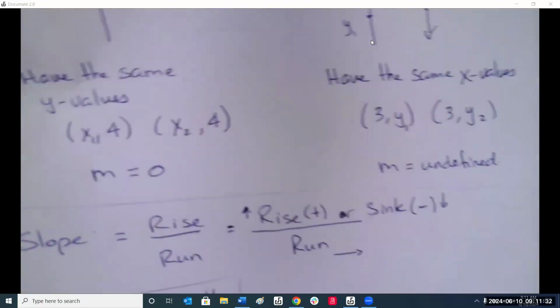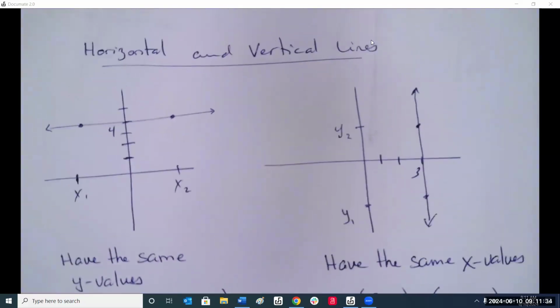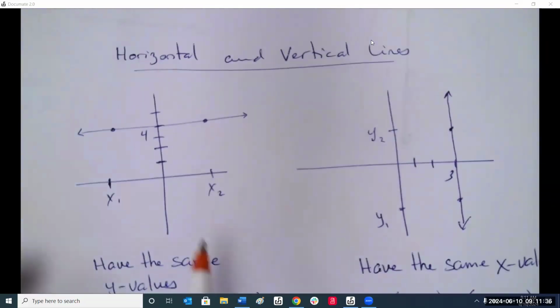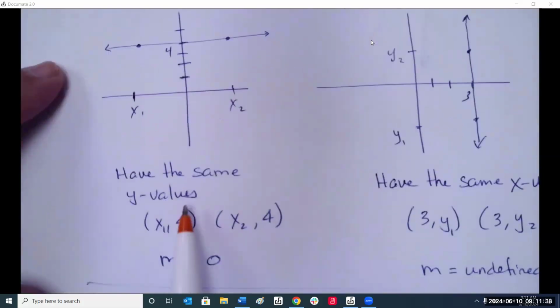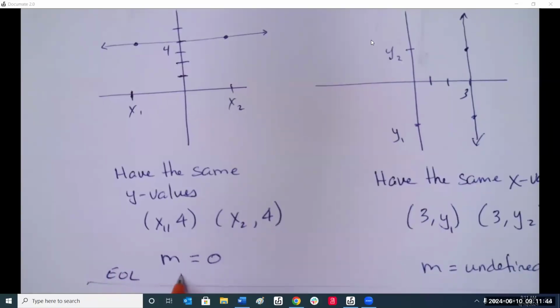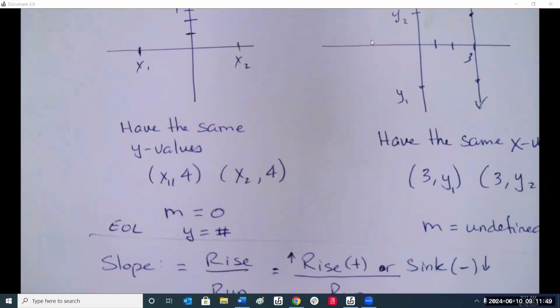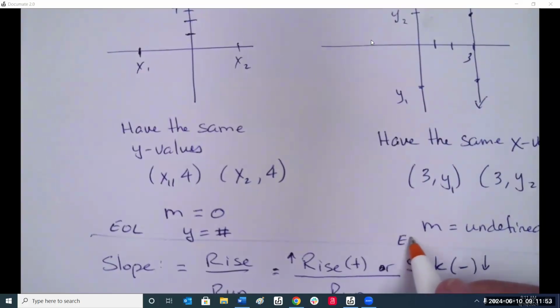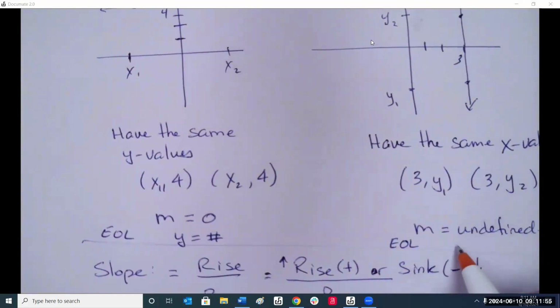All right, so back over here, you have horizontal and vertical lines. This is the horizontal line. They have the same y values. The equation of the line is y equals whatever that number is. The equation of a line that's vertical is x equals whatever that x number is.